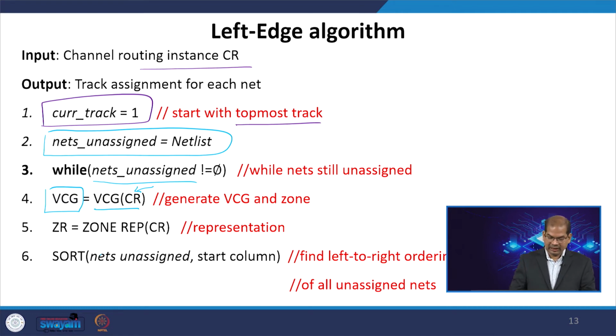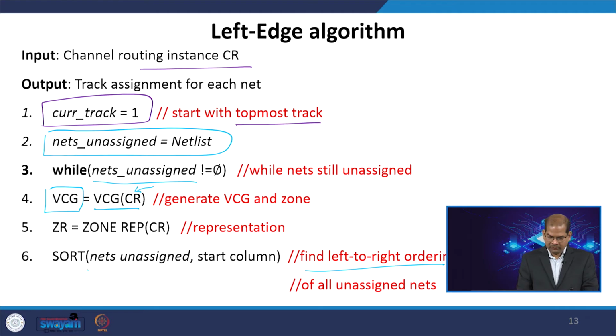Then after you do this, we will assign the nets to the tracks in left to right order. That is the reason it is called the left edge algorithm. It will start assigning the nets to the track from the left side.